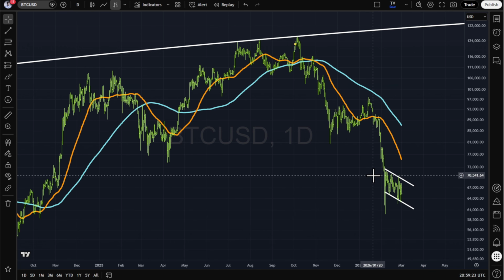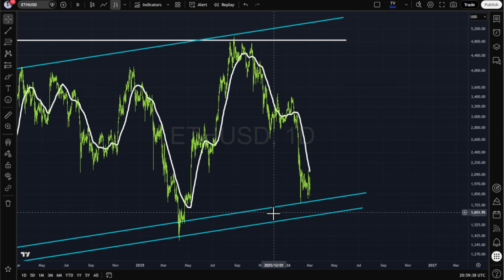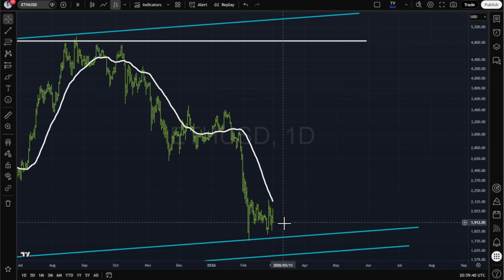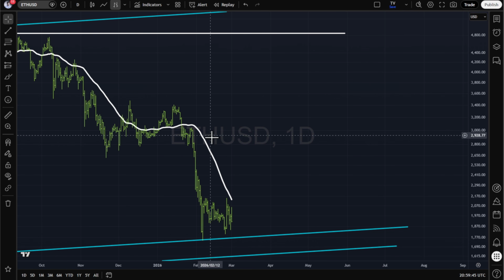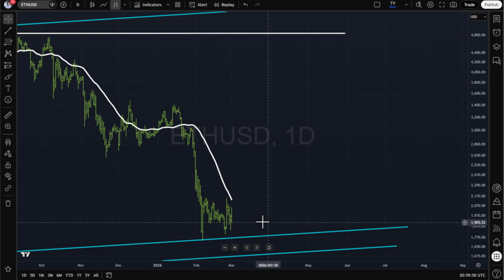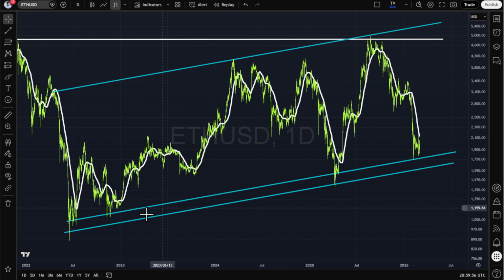I'm still betting on falling prices of Ethereum personally, but I might change that rather sooner than later, and we might see at least a short-term altcoin rally again, given that we are close to a support that I believe many people watch, and given that we are also very close to the best moving average. Again, we are not hyper close to it, but among the main cryptocurrencies, Bitcoin, Ethereum, Solana, Ethereum has the strongest chance to turn around because of its support and because of its closeness to the moving average.